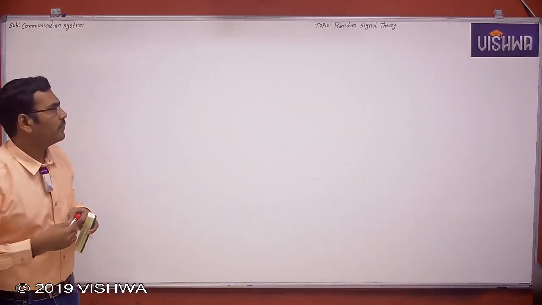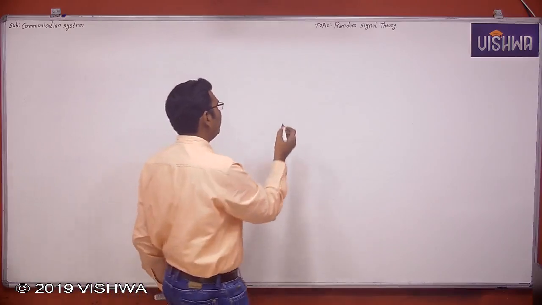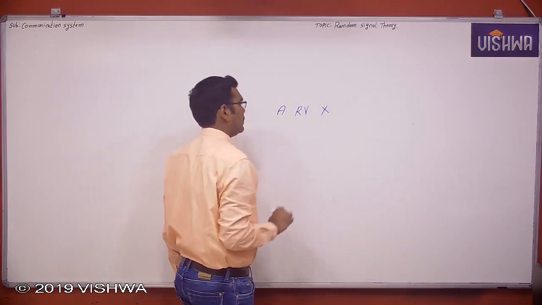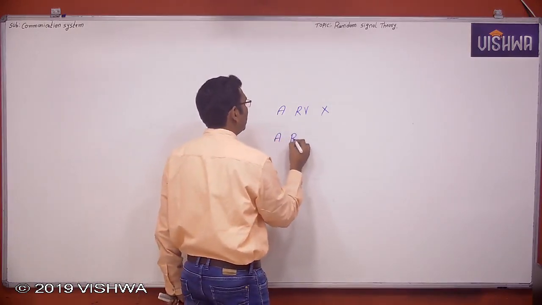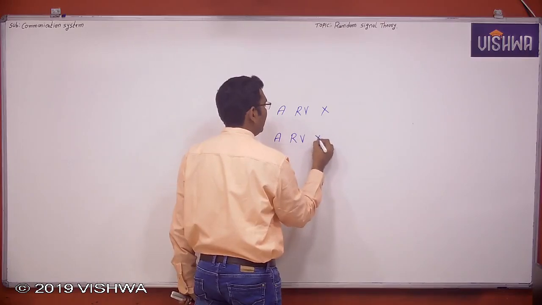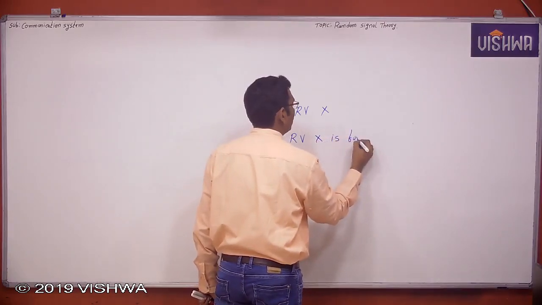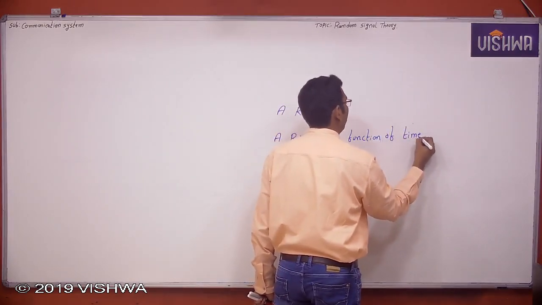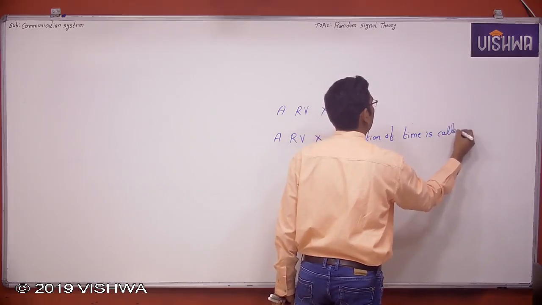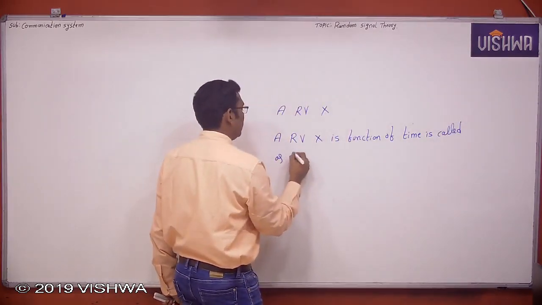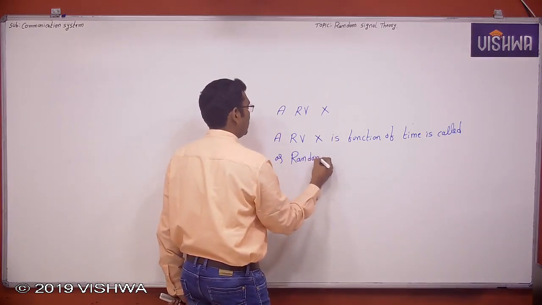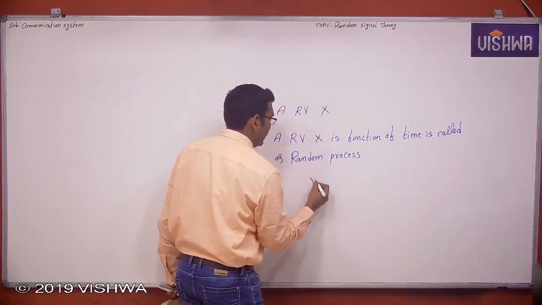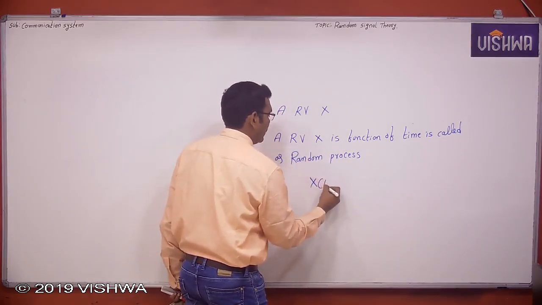Now if a random variable x is a function of time, it is called a random process. We may represent it like this: the random variable is x, the random process is x of t.